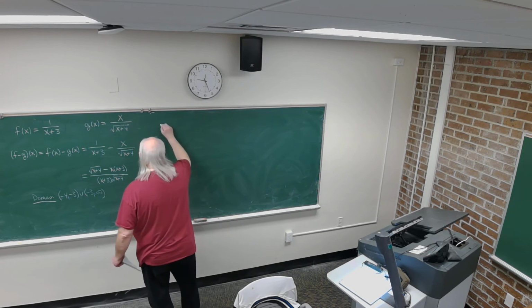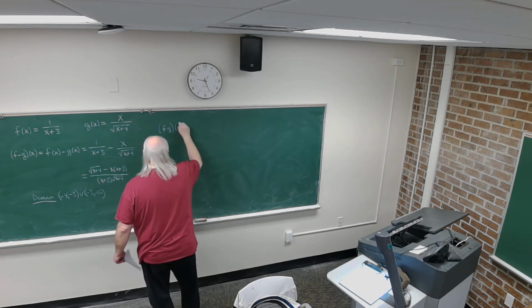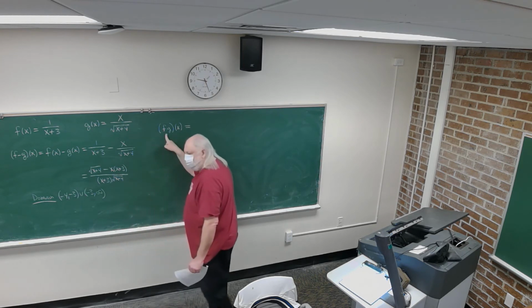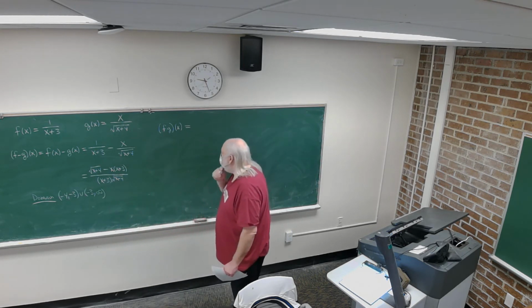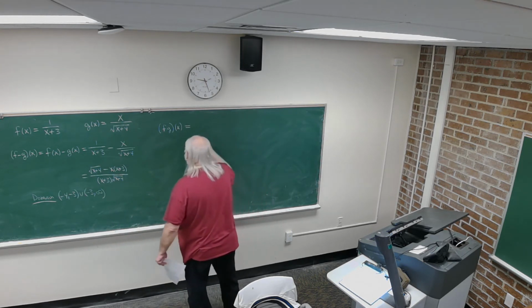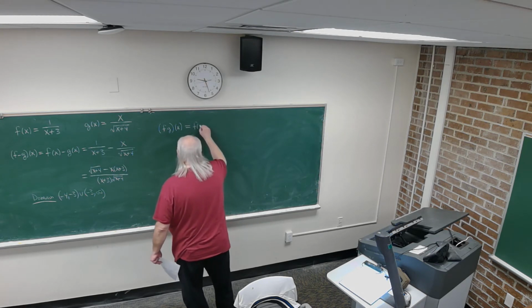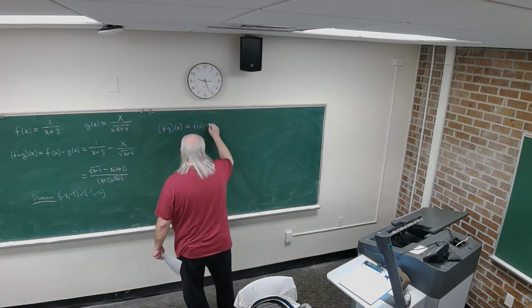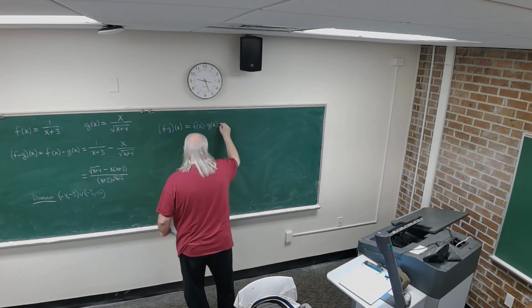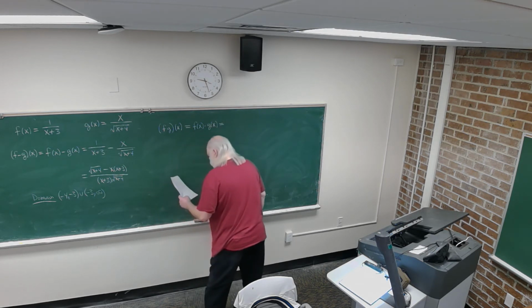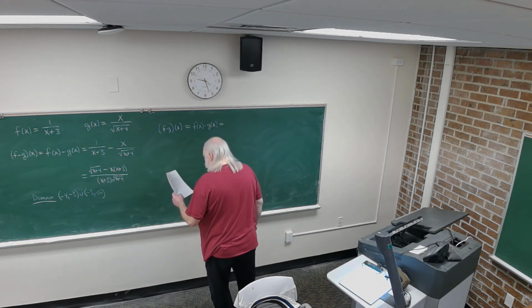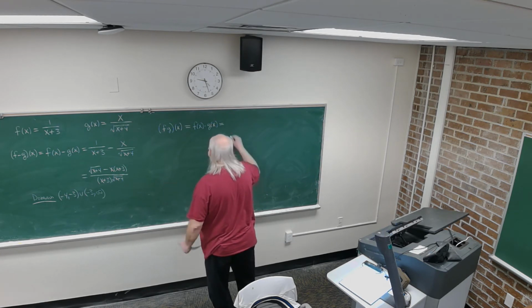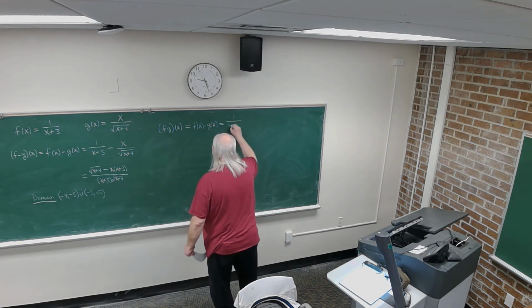Next, we have the new function f times g of x. That's a product, f times g. And that new function is found by multiplying f of x by g of x. So f of x is 1 over x plus 3.